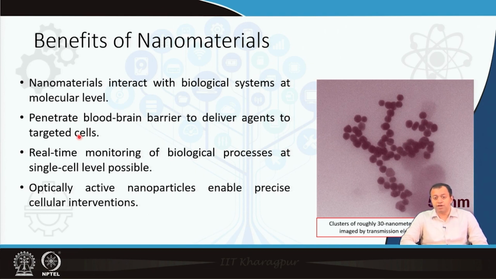It is specifically there so that any infection in blood does not get directly to the brain. The brain, being the most important organ, is protected fully. So, that blood-brain barrier can be penetrated by your nanoparticles, right.